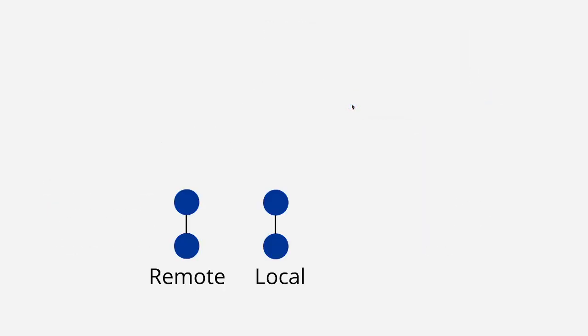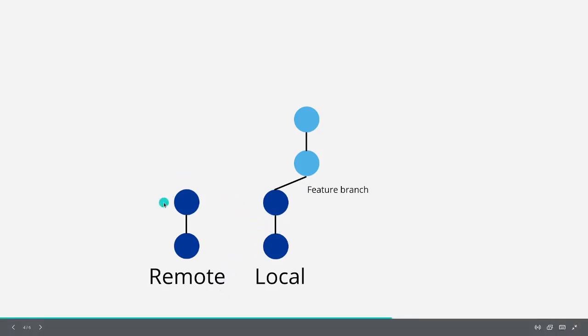Now, let's say we have a remote repository and a local repository, and we started working on the local repository to make a new feature. So we make our feature branch like this, and before committing or pushing the changes, we want to make sure that our local repository is in sync with the remote repository.